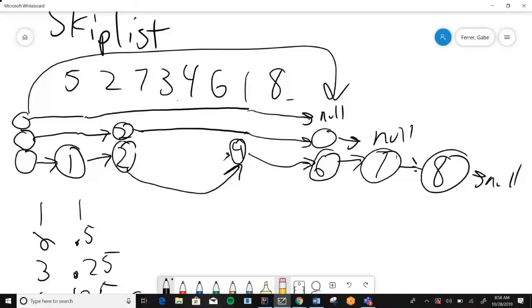Aficionados of guaranteed log n insert, add, remove might poo-poo the skip list a bit. In fact, that'll give us something to do next week when we start looking at what's called a binary search tree. But the skip list is kind of uniquely interesting in that regard as well. It's a really powerful data structure.